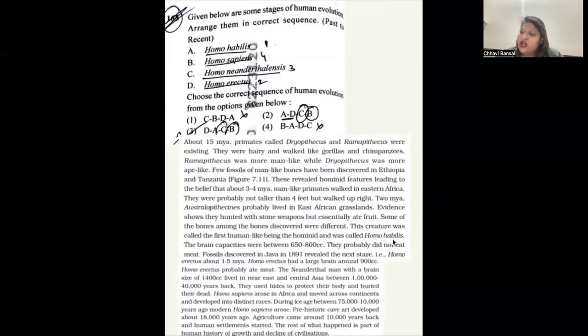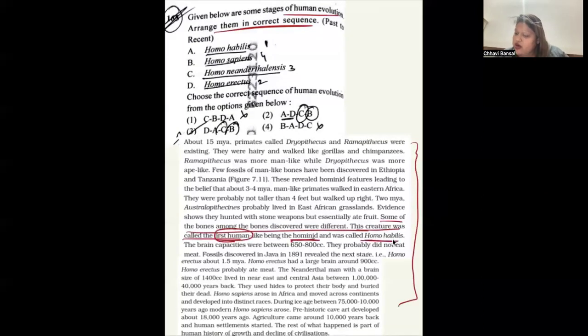Fine. Next. We are given several stages of human evolution, and we have to find the correct sequence. These are paragraphs taken from the evolution chapter. Let's read about it. This creature was called the first human-like being, the hominid, Homo habilis. So the first one was Homo habilis.